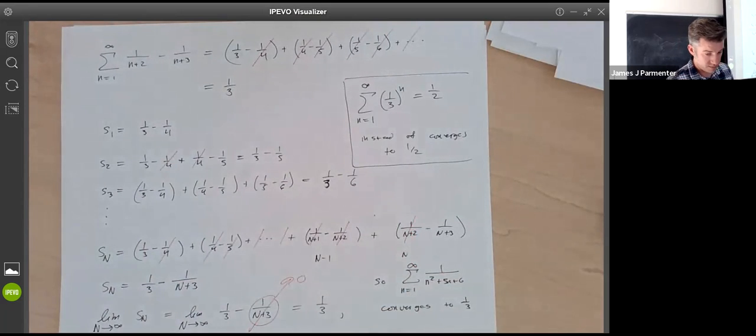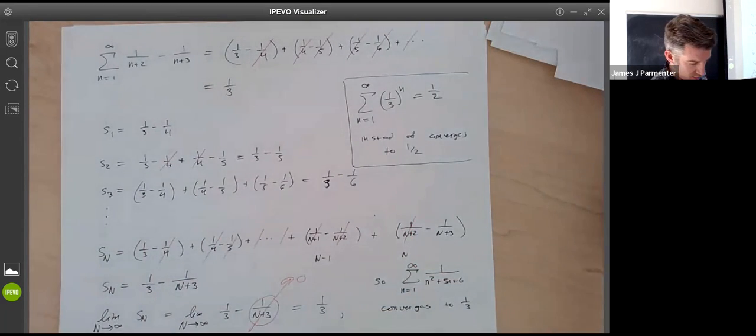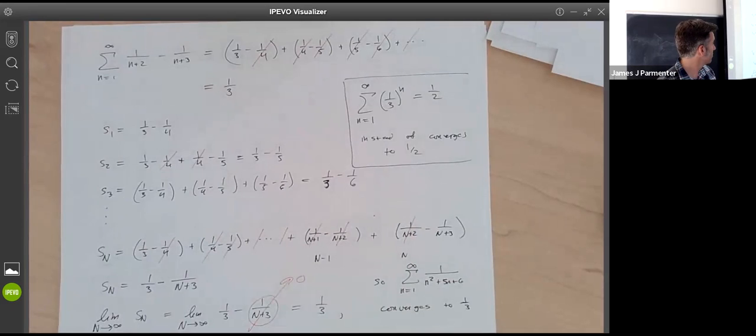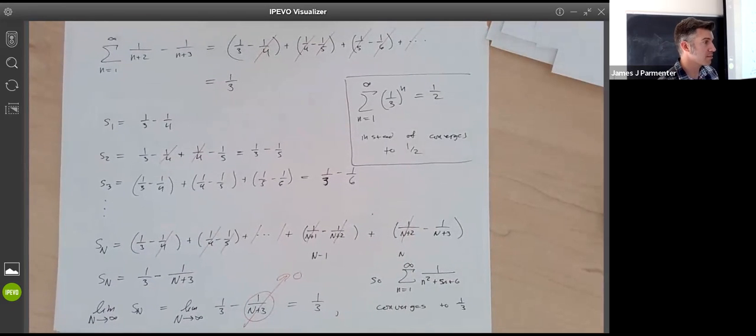Yeah, and then so for not the example with the 1/3 power of n, but the one before that, we got converges to 1/3. I thought, just for me, I thought of it with the rule for the partial sums, like between 1/2 and 2 to partial sum. Oh, sure.